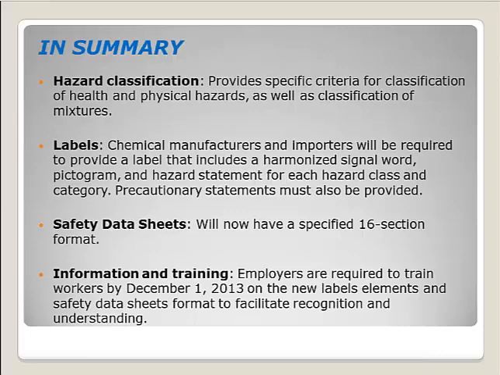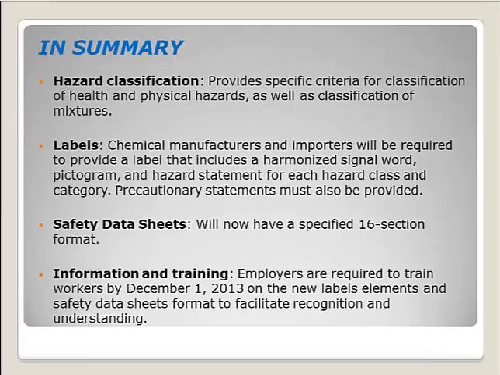Pictograms, we talked about each one of those. Again, there are 9 pictograms that we discussed. The hazard statement for each hazard class and category. Precautionary statements must also be provided.